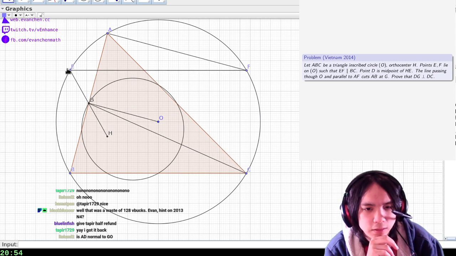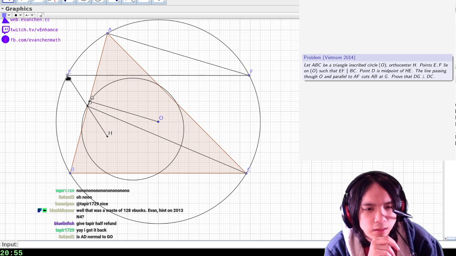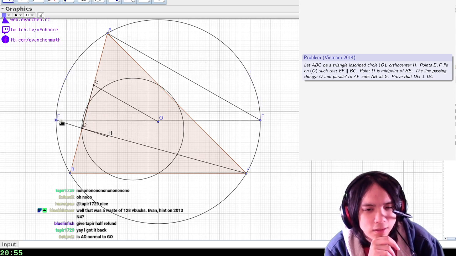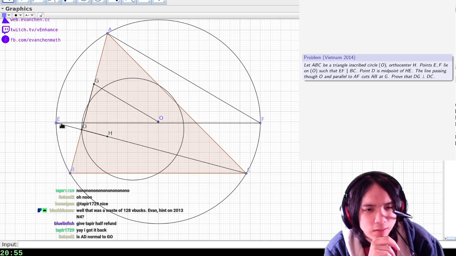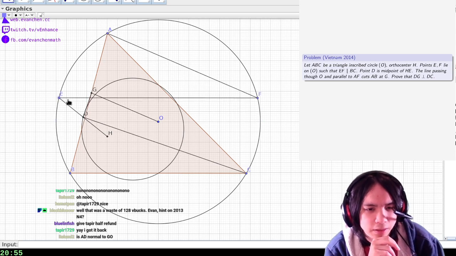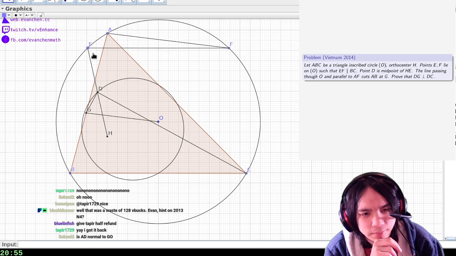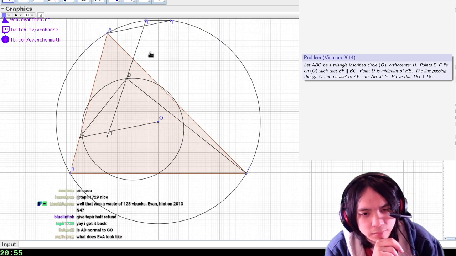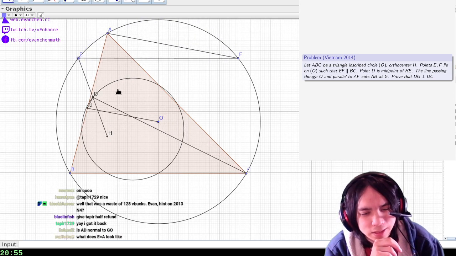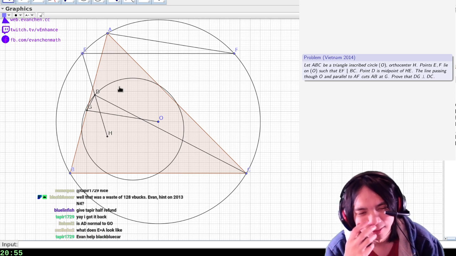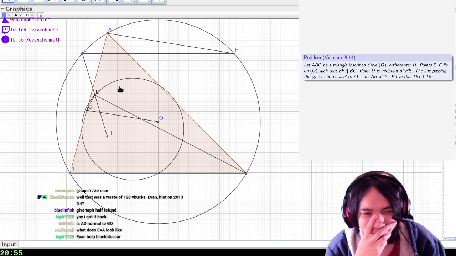This case, this case... Is that even a right angle? Oh, yeah, no, the right angle is idiot. See, I just don't see how you're going to access that angle.